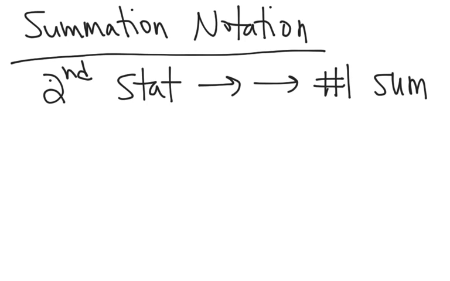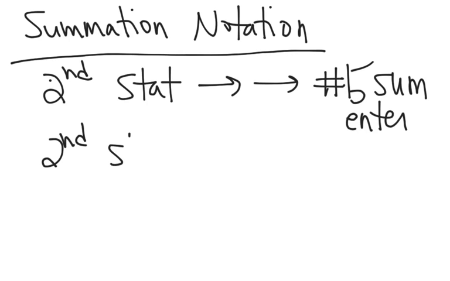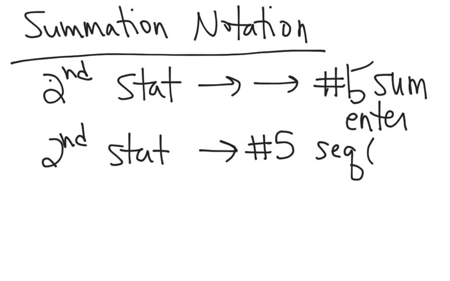And I wrote 1 instead of 5. Let's make that a 5. So you hit enter. And then you go to second stat a second time. And this time you only go 1 to the right under ops. And then option number 5 says sequence.